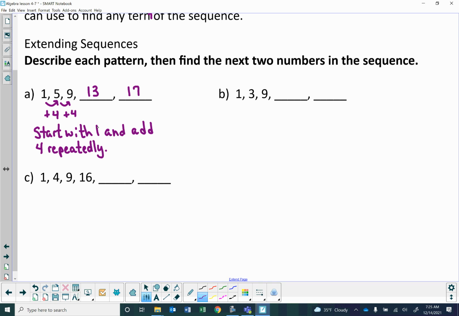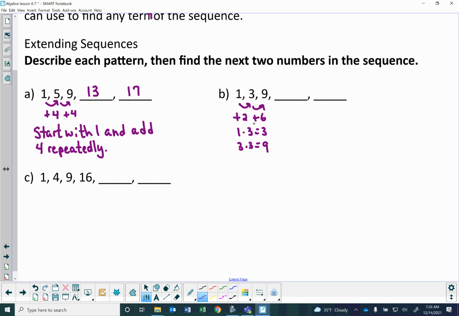Let's look at this second one here. 1, then 3, and then 9. Okay, so I'm going to add 2, and then I'm going to add 6. Ooh, that doesn't work very well, does it? So it's not an addition formula at all. So I can think of it this way. 1 times 3 is 3. 3 times 3 is 9. Aha!